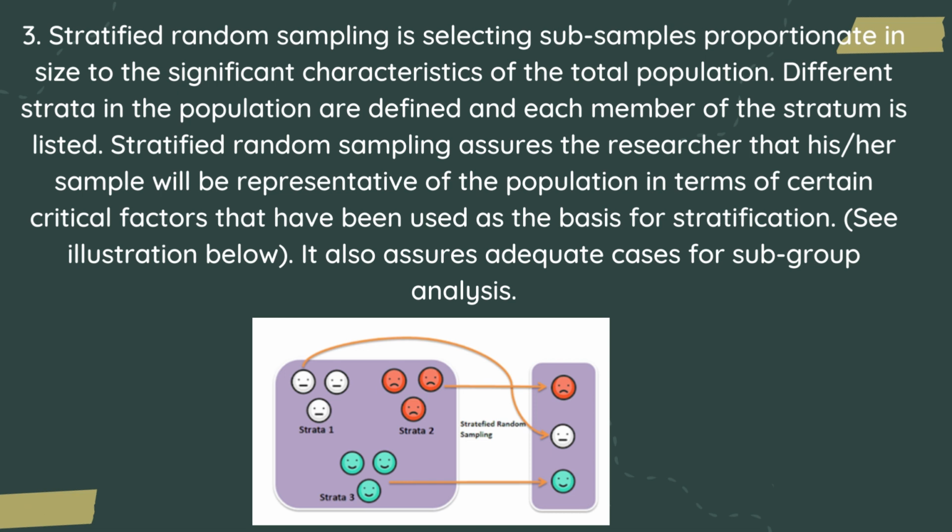Or in this example, class, we select only one person from each stratum. One from strata 1, one from strata 2, and one from strata 3. So, ibig sabihin class, out of the strata, pipili tayo ng isang representative kada strata.